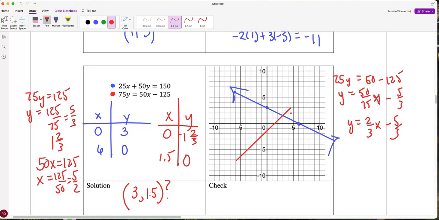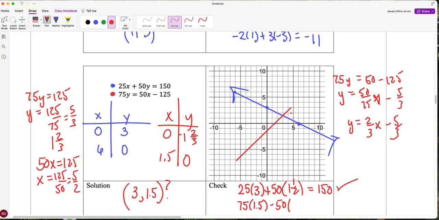So let's try that. So 25 times 3 plus 50 times 1.5. So that's going to be 75 plus 75. That is 150. So I must be living right to get that one. Let's look at the next one. 75y. So 75 times 1.5 minus 50x.